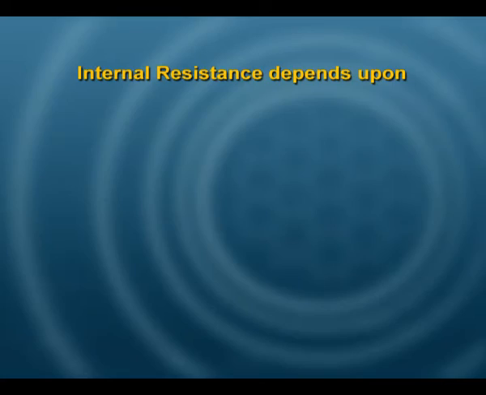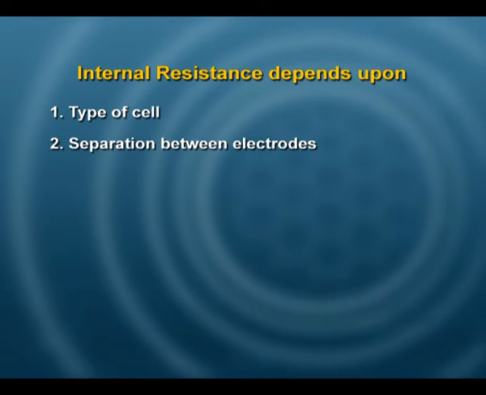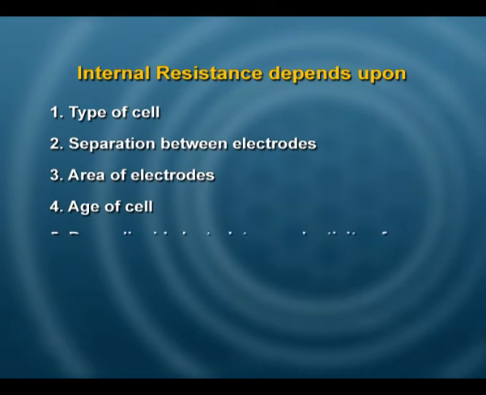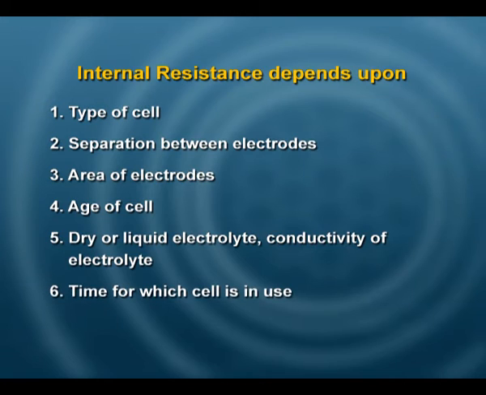So 0.54 ohms is the internal resistance for which these specifications were given. Of course, the internal resistance for all cells is not the same. It depends upon the electrolyte, the distance between the electrodes, the temperature, dilution and other factors.